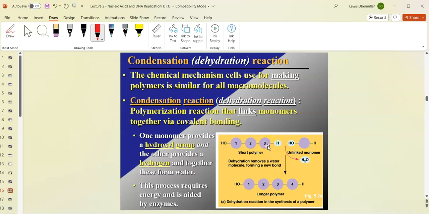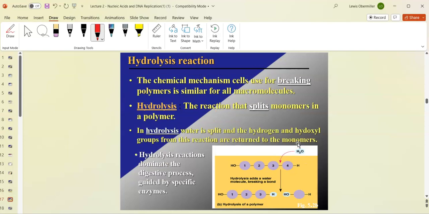All right. So condensation or dehydration reaction means the same thing. That means you have to remove water to build a polymer, right? And that has to do with the hydroxyl group. And you guys are going to know these functional groups, the ones I wrote down.